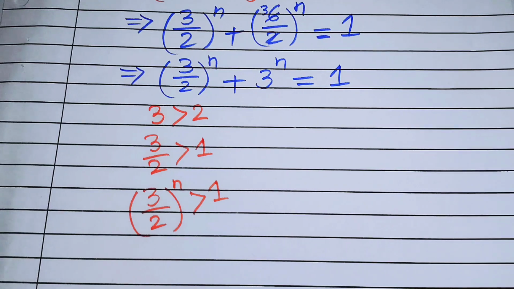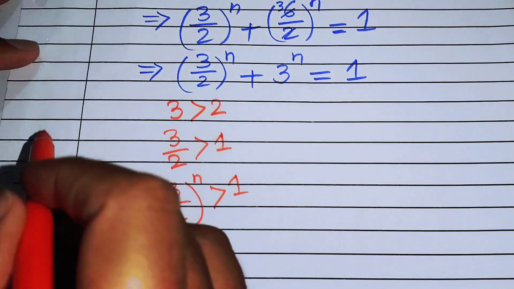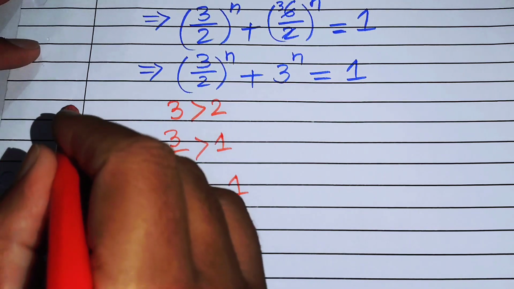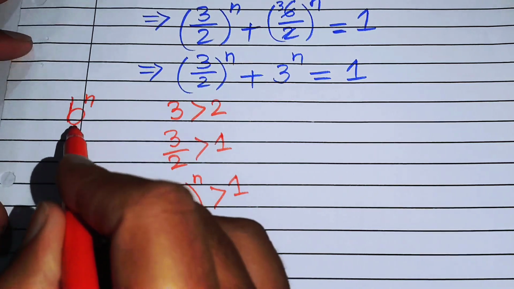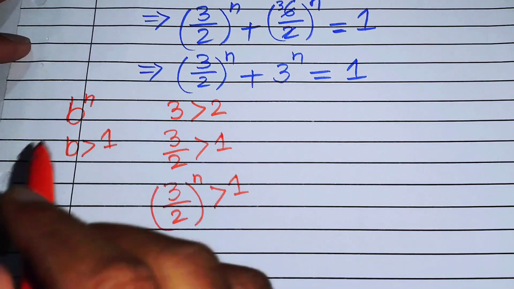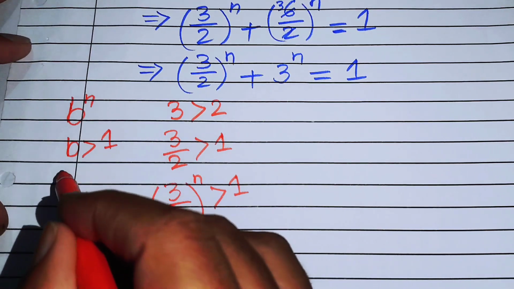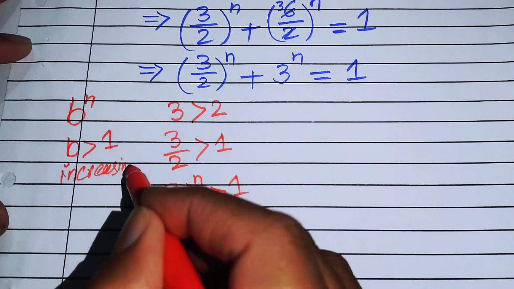Now I can use an important fact about increasing and decreasing functions. You know that if you have b to the power of n, and this b is greater than 1, then this is an increasing function.